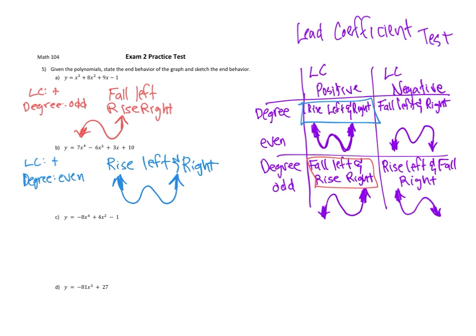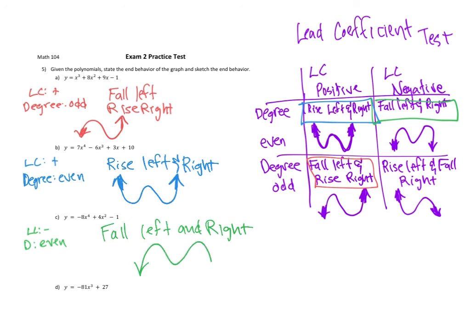Okay, the third one, our leading coefficient, we have a -8, and our degree is even. So, whoops, sorry. We are going to fall left and right. So our sketch will look something like that.